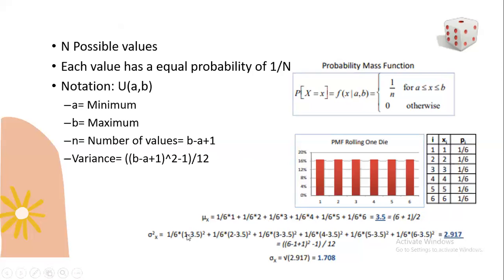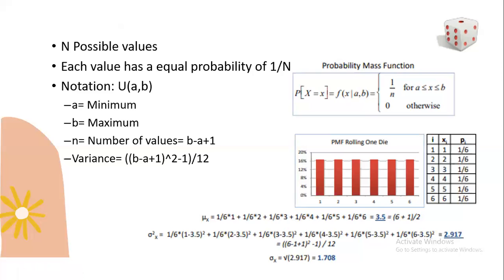Again, I'm not going to go into great detail, but you can calculate the variance using this formula here, which is a bit long, or you can just plug it into this formula and you'll get this. If you solve it, you'll get the same answer, which is 2.917.